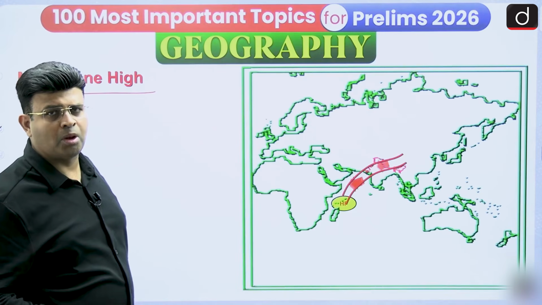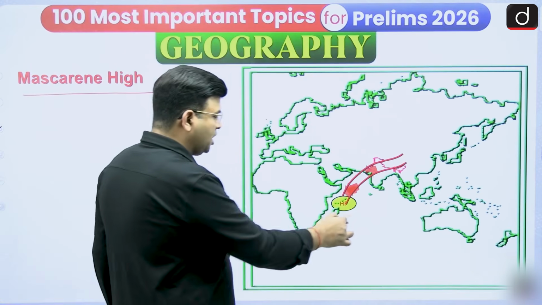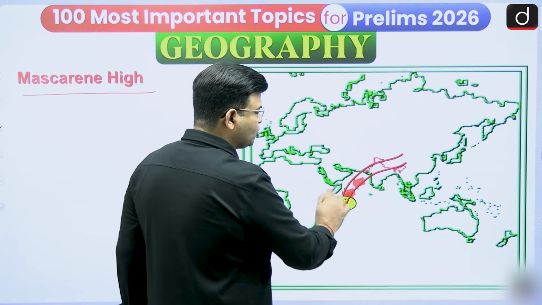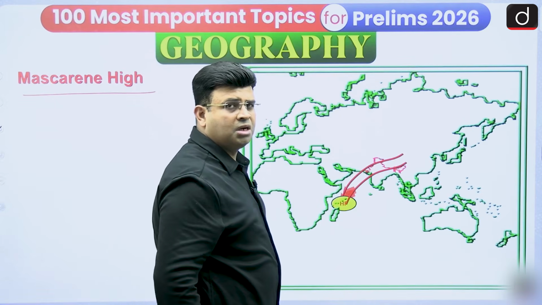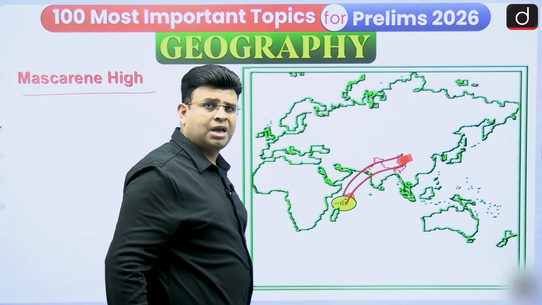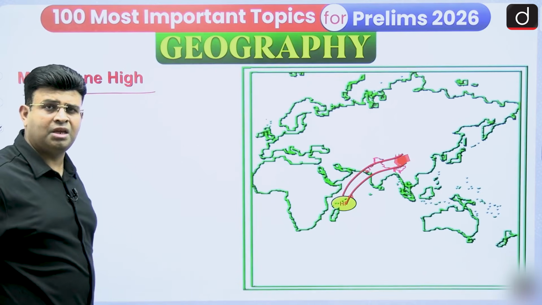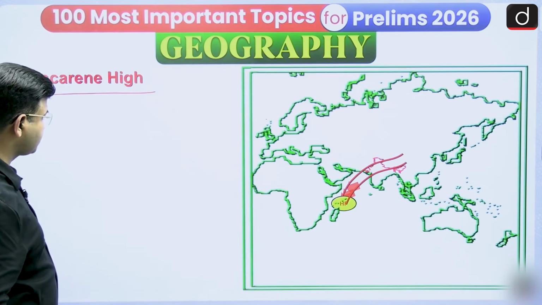Our southeast trade winds also become stronger, pushing further strongly and carrying more moisture from the ocean, and India will receive more rainfall.